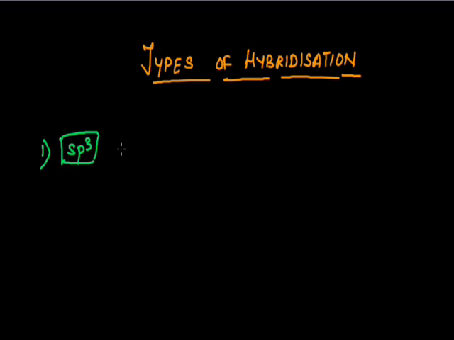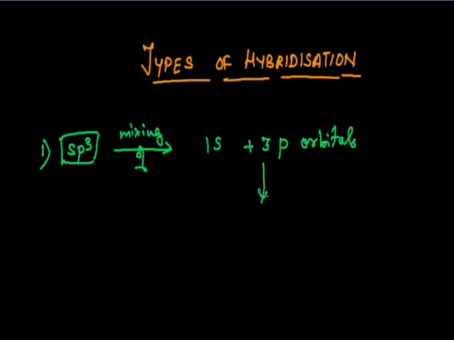As the name indicates, in this there is mixing of one s and 3 p orbitals, leading to the formation of 4 hybridized sp3 orbitals.